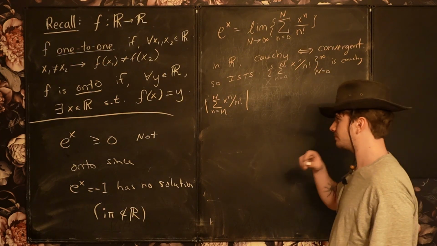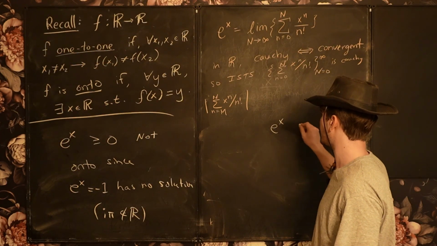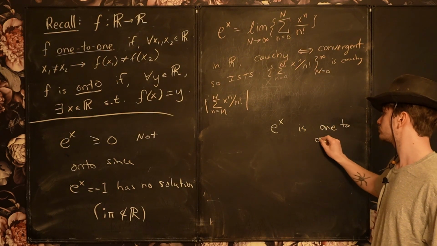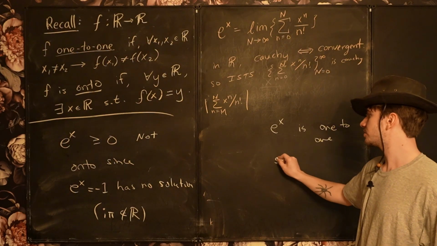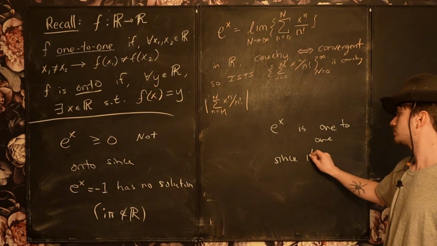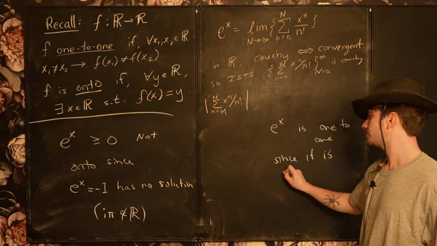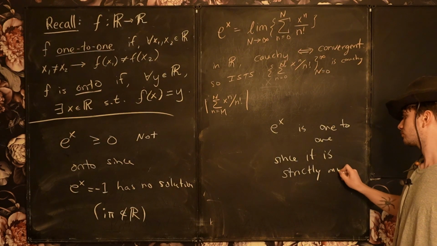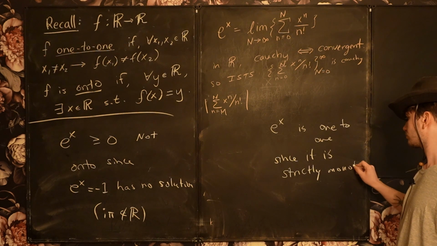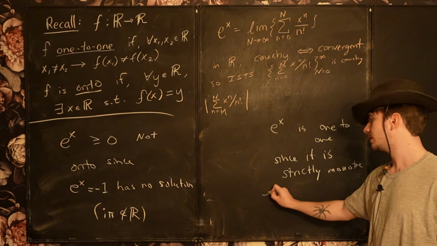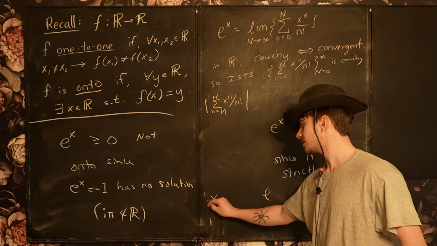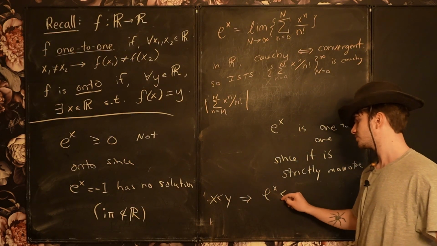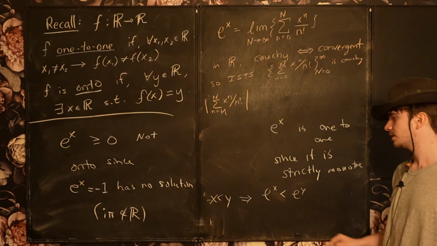So basically, I'll just say e to the x is 1 to 1, since it is strictly monotone: x less than y implies e to the x strictly less than e to the y.